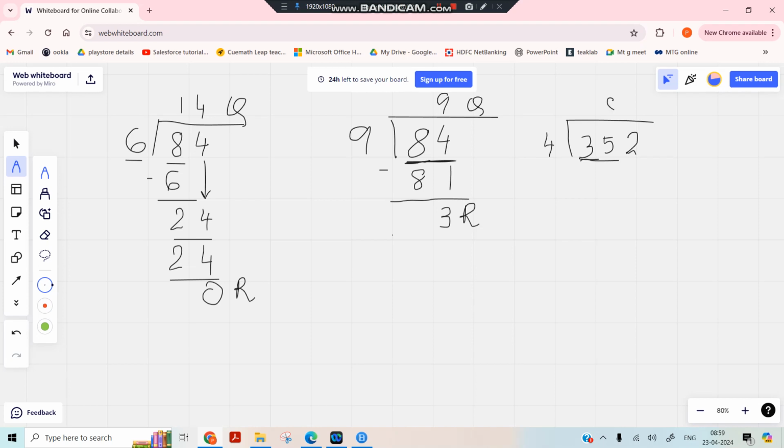We know 4 times 8 is 32. Remainder 3. The 2 comes down. And again 4 times 8 is 32. So 88 is your quotient and 0 is your remainder.